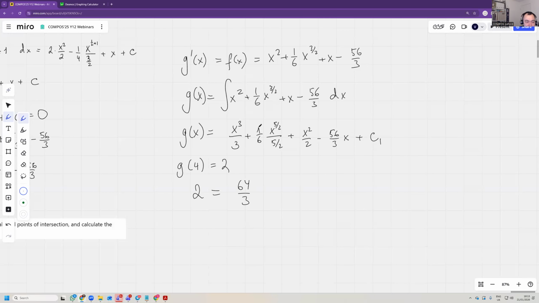Then this is 3/15 plus 1/15 multiplied by 32 plus 16 halves, that's 8, minus 56 over 3.